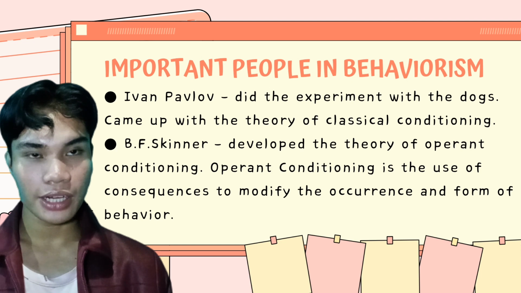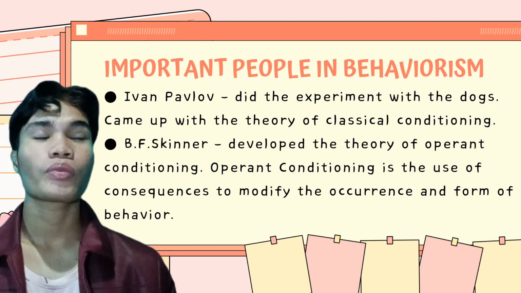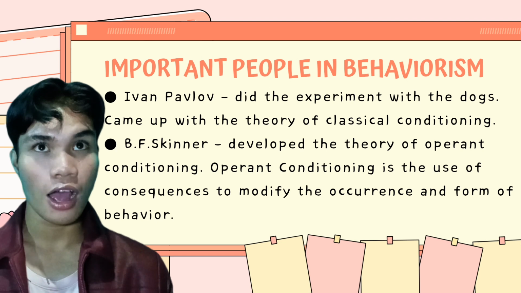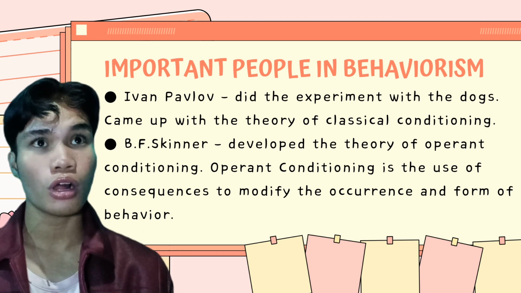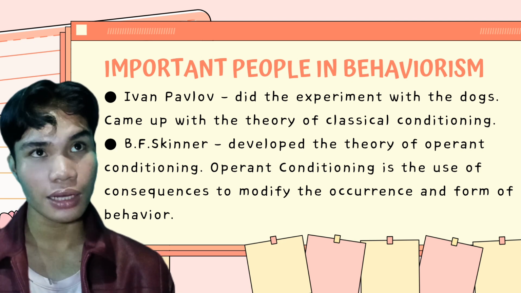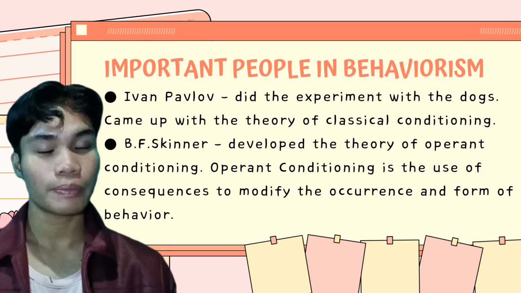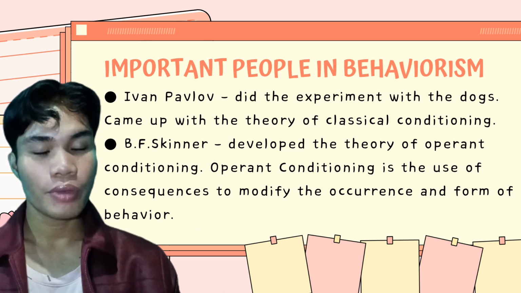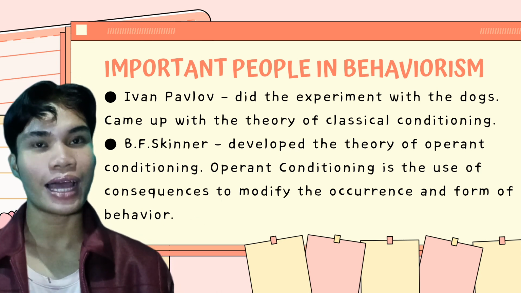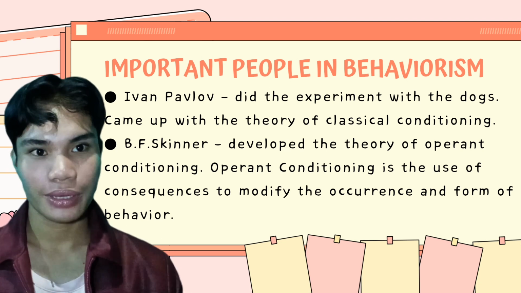When we say operant conditioning, it is learning that involves two consequences. Behaviors followed by desirable consequences are more likely to be repeated, while behaviors followed by undesirable consequences are less likely to be repeated.